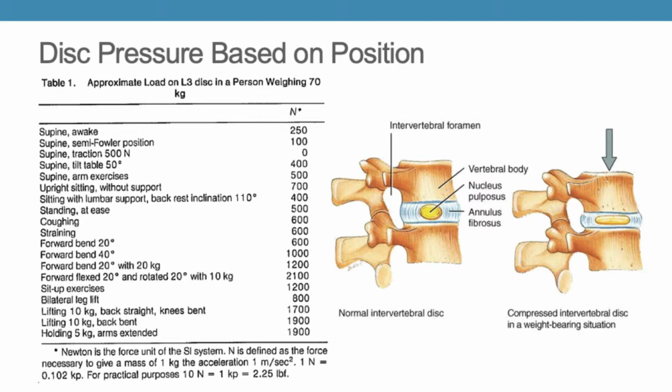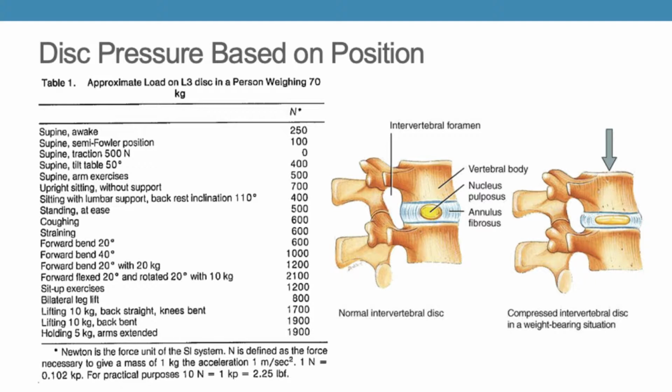So one of the interesting reasons that we focus on the intervertebral disc is because it is so integral to absorbing the impact of the body as we move. Every day we're putting stresses on that intervertebral disc, and depending on what we're doing, that pressure may be different. So that intervertebral disc really absorbs that impact, that pressure that's placed on the spine from gravity.